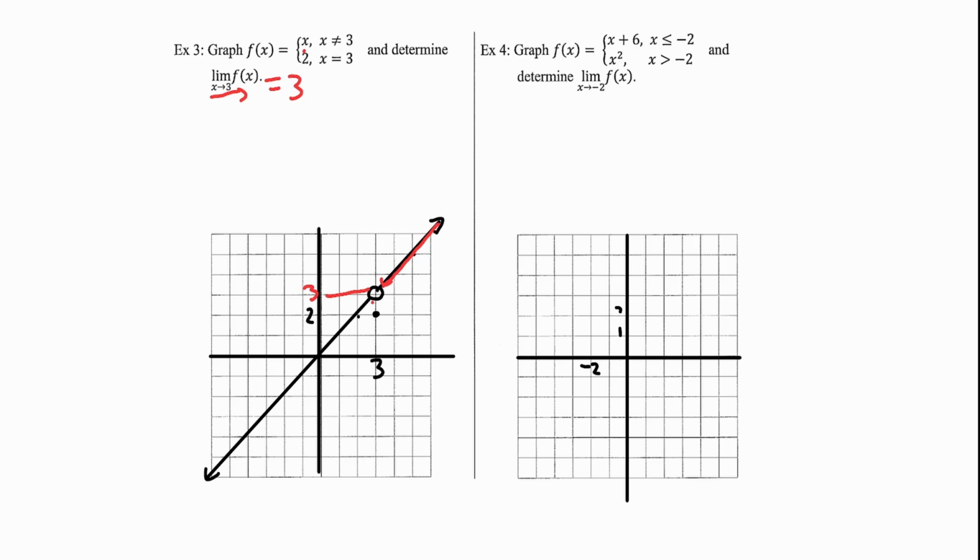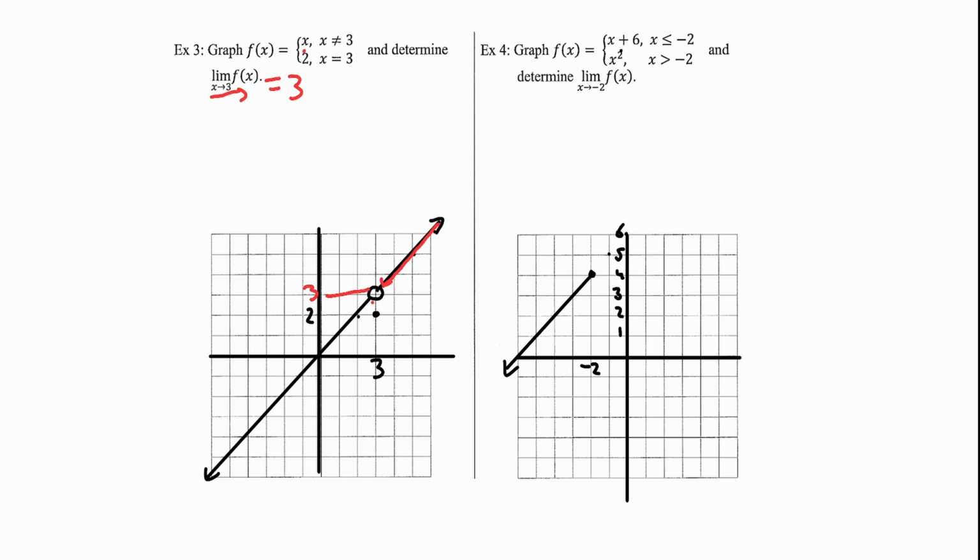So here's 1, 2, 3, 4, 5, 6. And it's going to start here and then go down by 1, 2, 3. Here it's less than or equal to negative 2, so we can have a closed dot here.